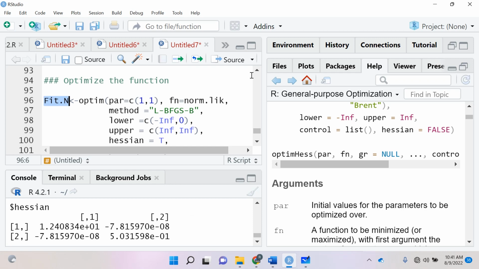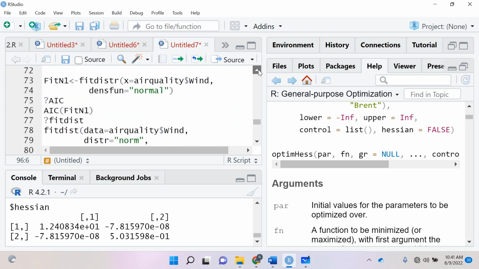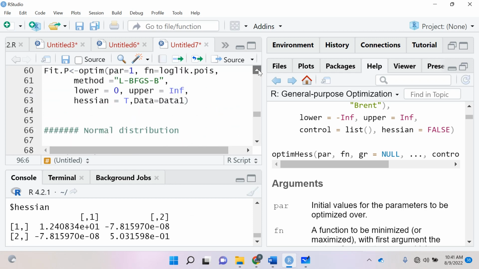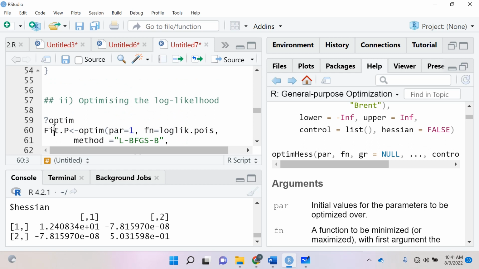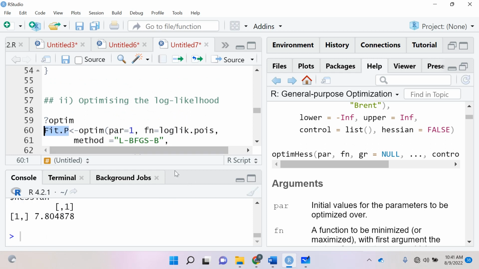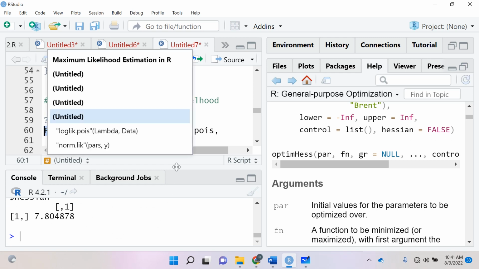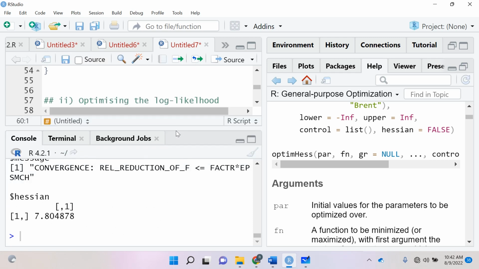sigma squared. Now, if we go to the one where we were doing this one, here our Hessian matrix is just 1, so that one is easy. You find the inverse, you find the square root of it, you get your standard error.